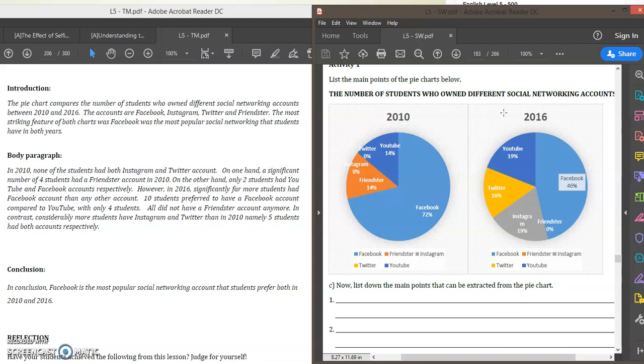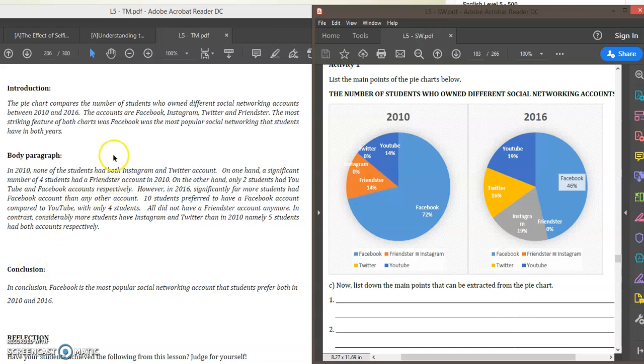Now, I did not ask you to write the whole analysis yet, but let's look at what the analysis would look like. On our left here is an example of an analysis for this pie chart. Just like any other task 1 analysis, it would have an introduction, the body, and the conclusion.